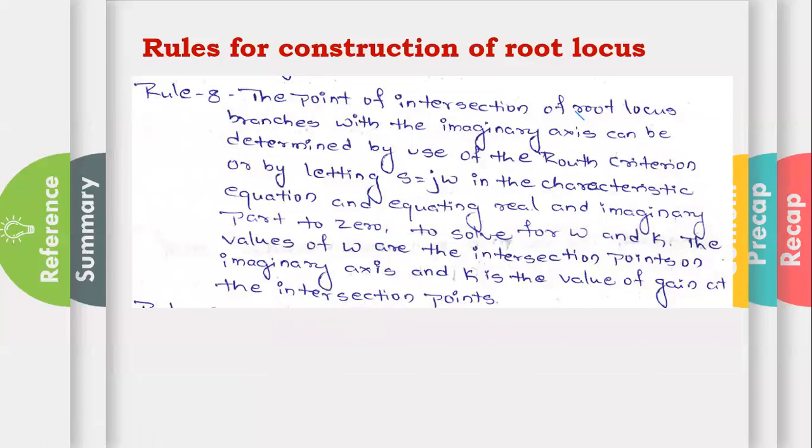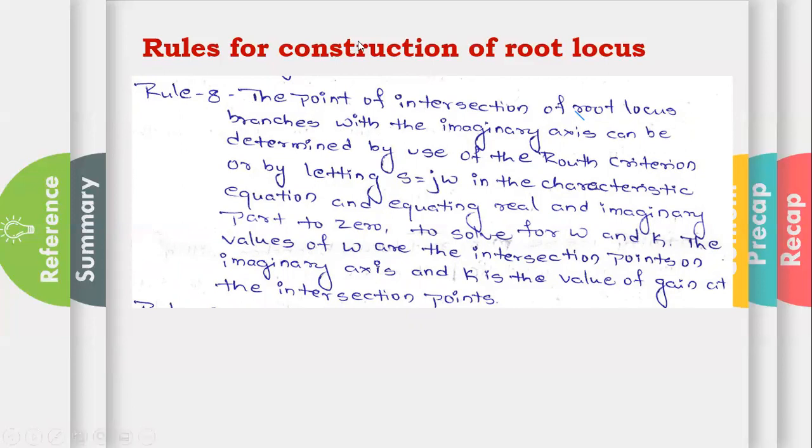And rule number 8 tells that the point of intersection of root locus branches with the imaginary axis can be determined with the help of the Routh criteria or by letting s equal to j omega in the characteristic equation. So both methods we can use.